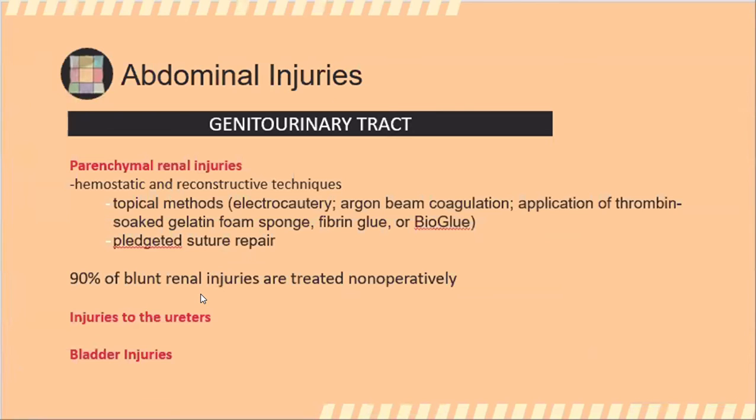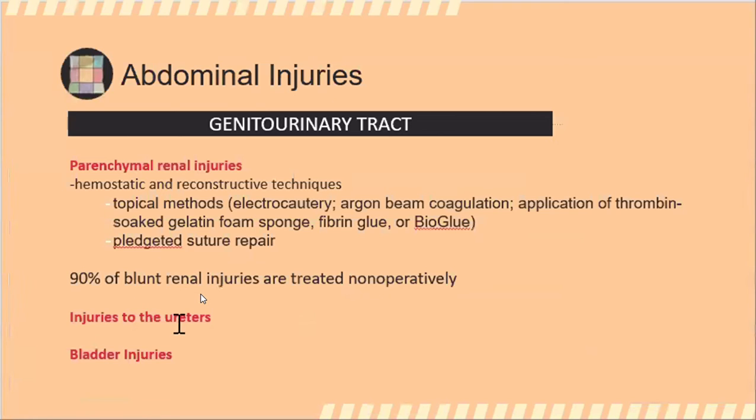Okay? But if decreasing yung hemoglobin and unstable yung patient, kailangan na natin buksan para mahanap. Baka kasi may transection sa hilum, so andun yung renal artery and vein that needs to be repaired. So other injuries, or injuries to the ureters and bladder injuries.